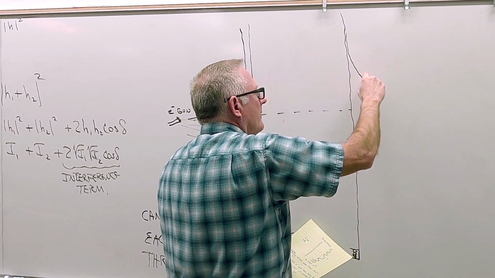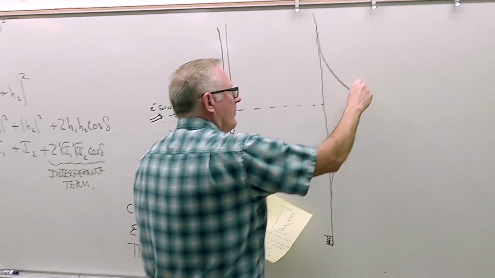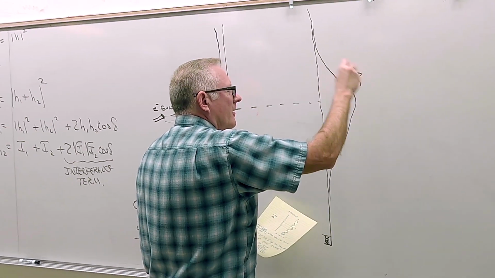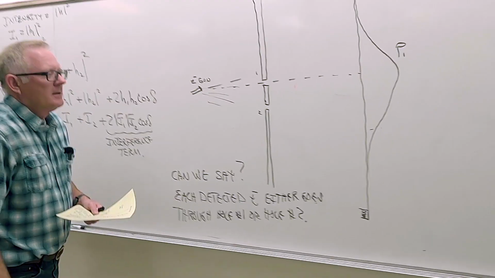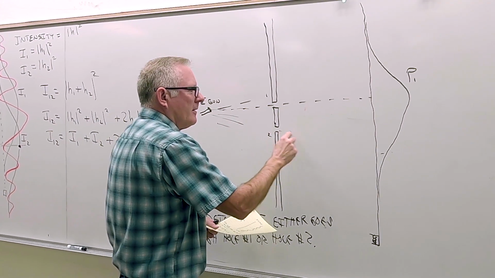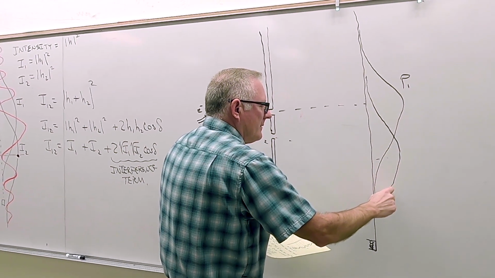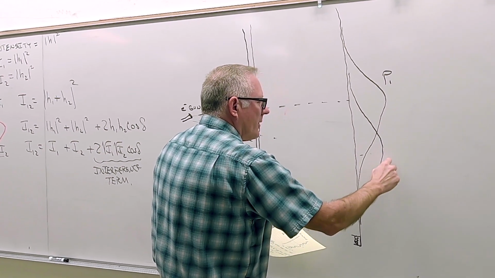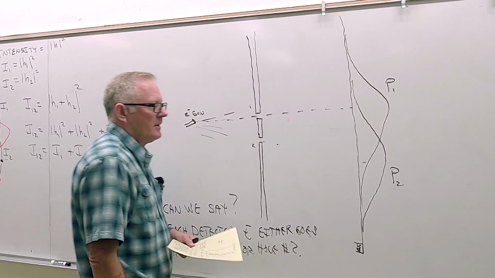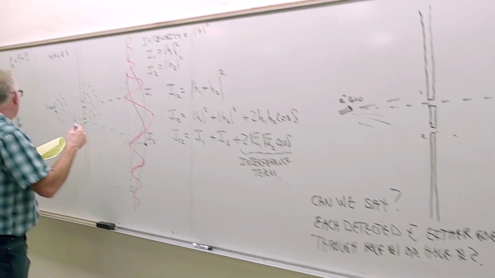So again, we get this thing going down like that. That would have been the probability of 1. Then we close this one up. We get the same picture for this one, probability of 2. Now the big difference is when we opened them both up.